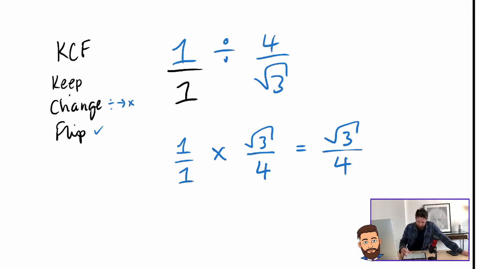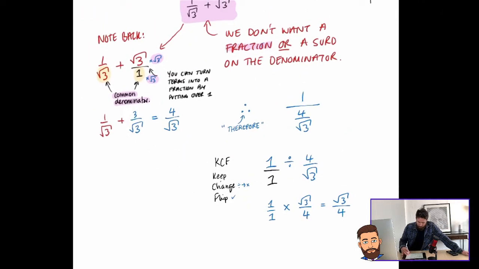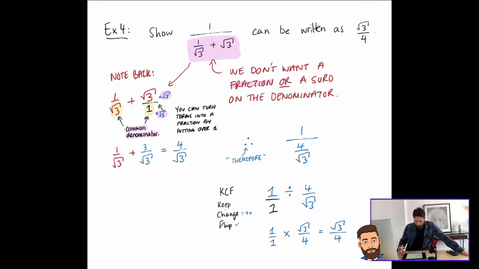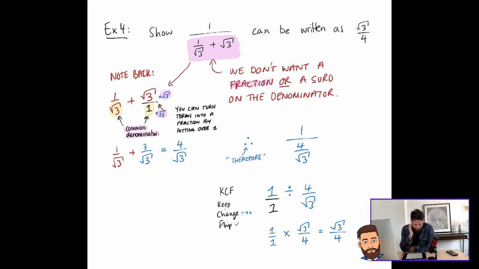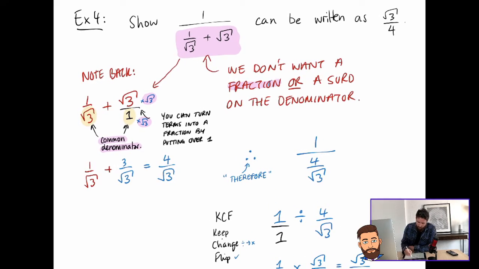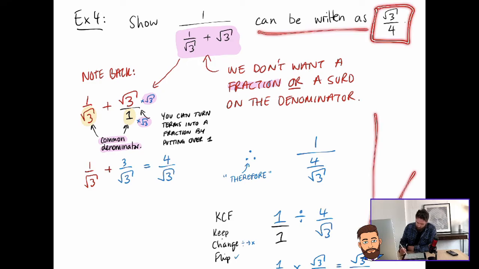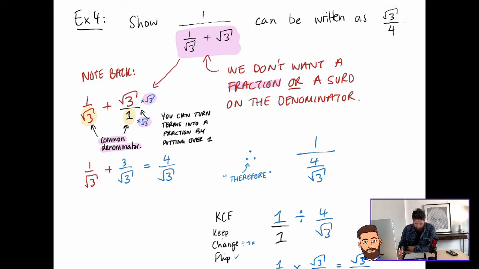So what we have done there is used a variety of skills to take us to the final answer. Look, can it be written as root 3 over 4? Well, that is what we just got, so that's correct.